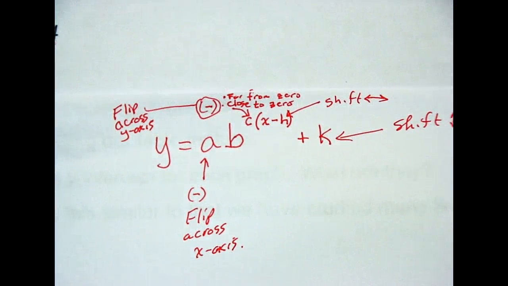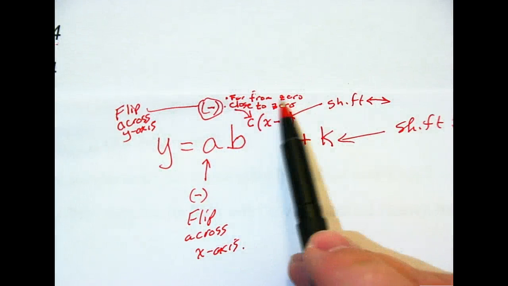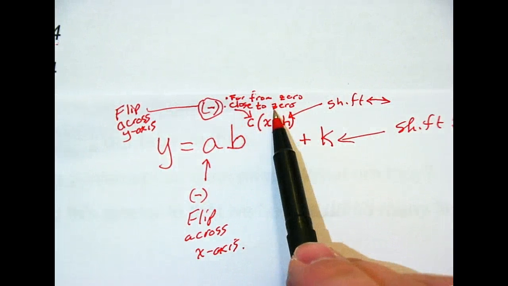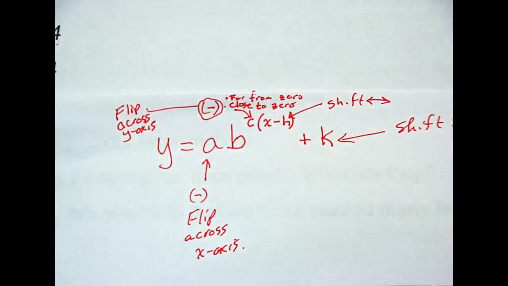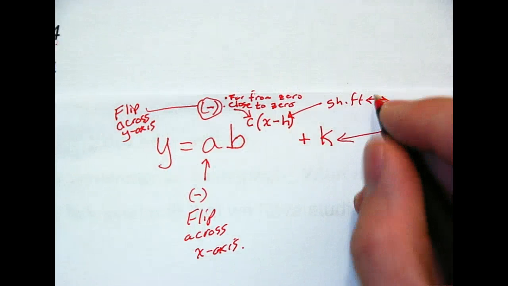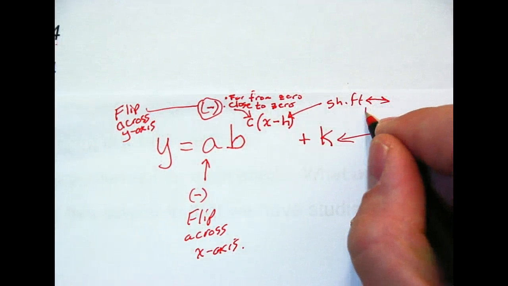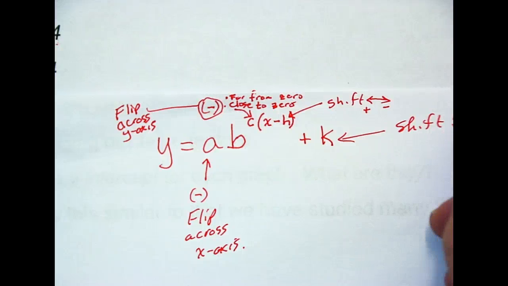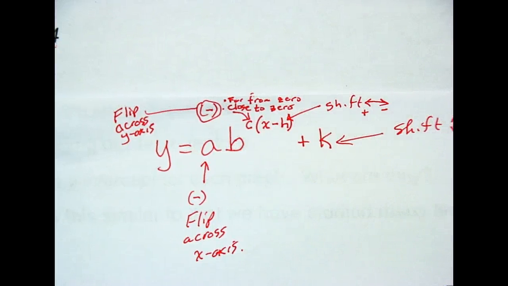Okay. Far from 0 goes up faster. Closer to 0 goes up slower. All right. Okay.